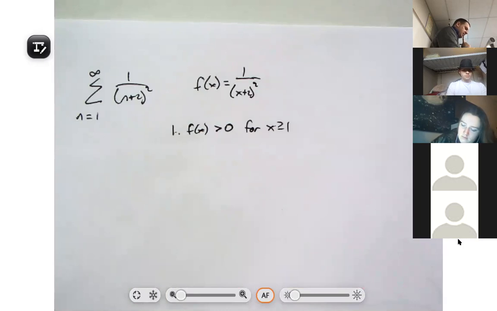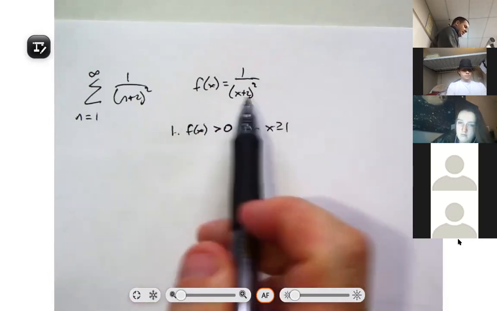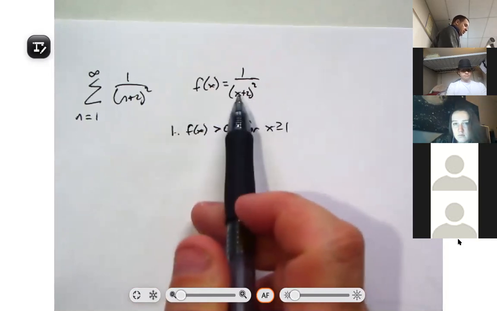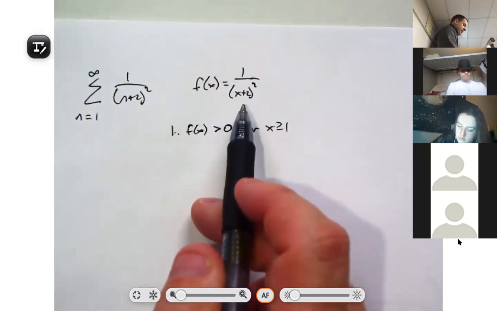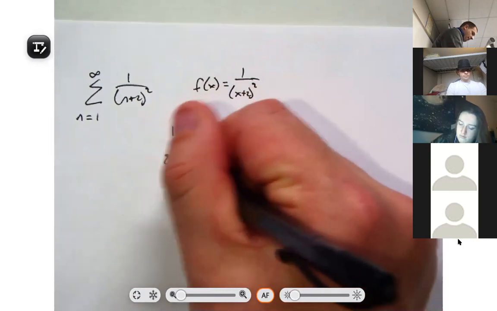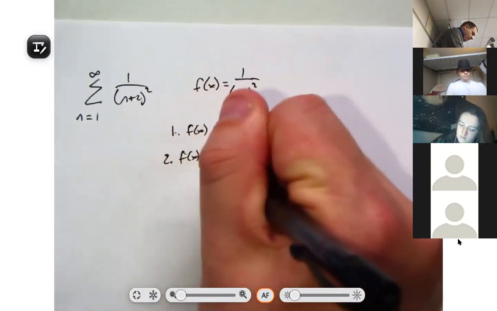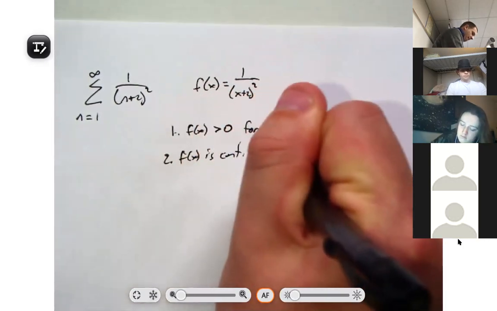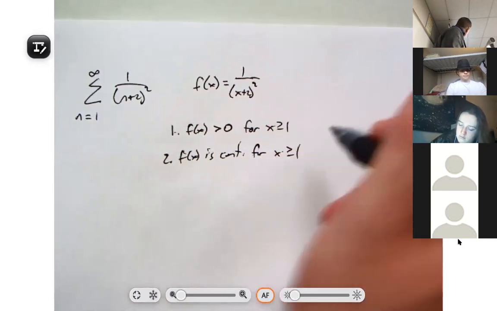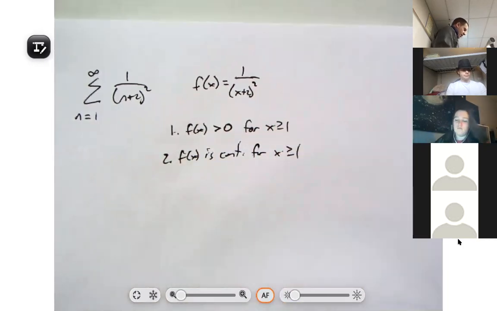Is it continuous for x greater than or equal to 1? Well, the only place this is not continuous is at -2, so it definitely would be continuous for everything past 1. And then the third thing, is it decreasing?